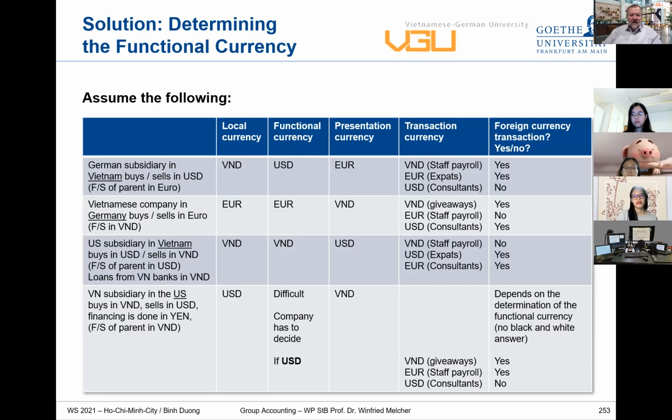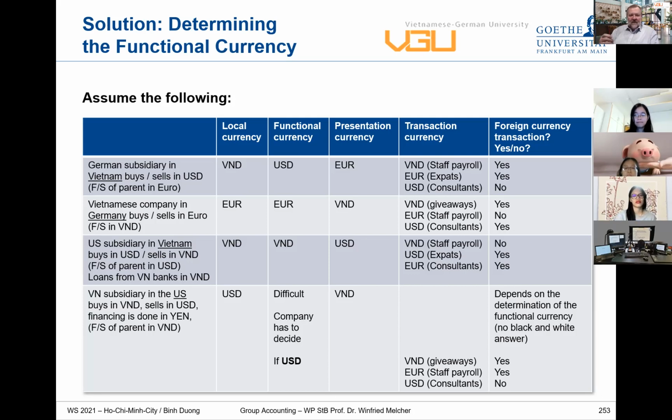So that is what IFRS requires. And so we have to determine the functional currency. And the definition is that this is the main or the prime economic environment in which a company is working.